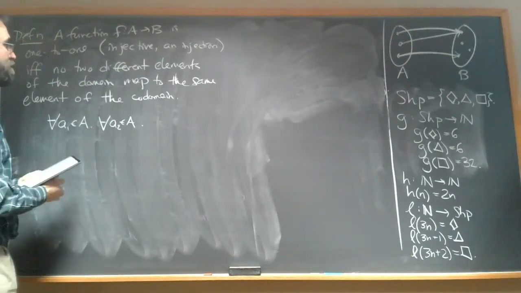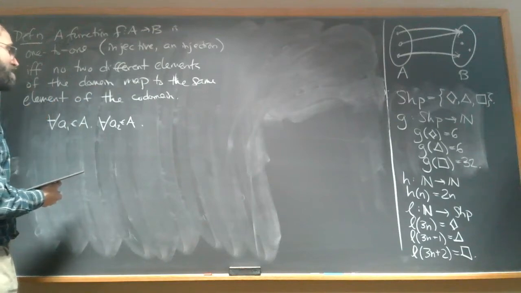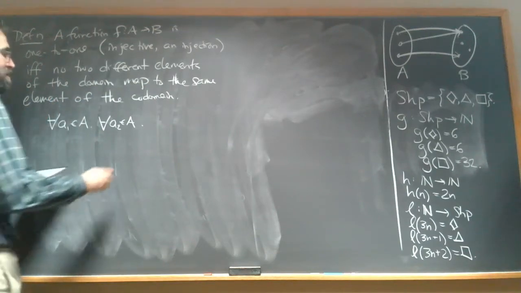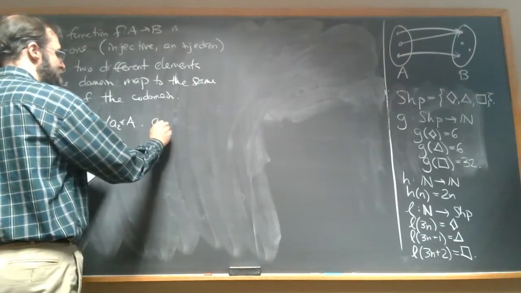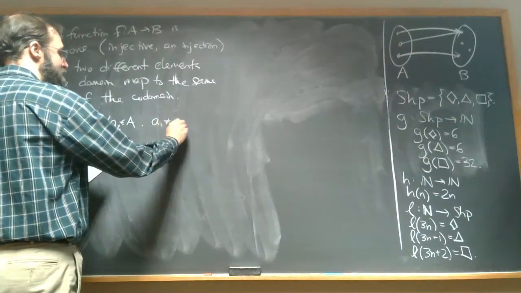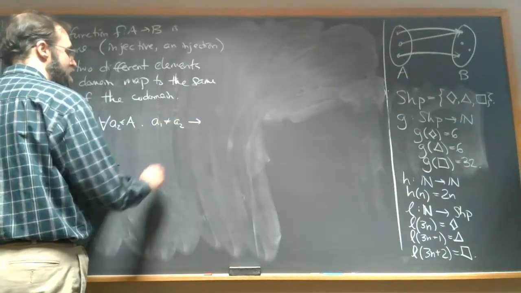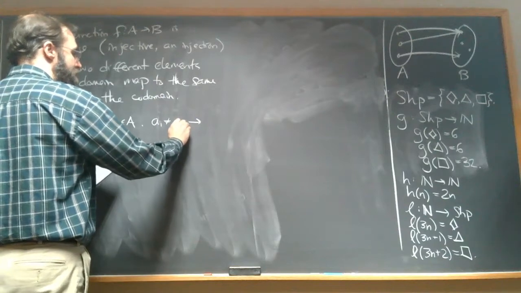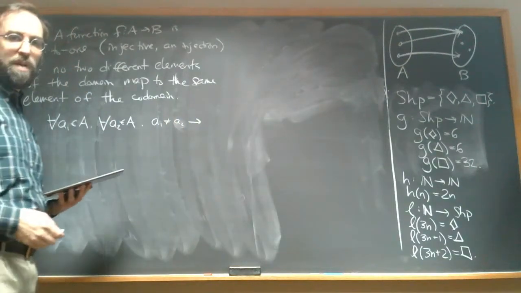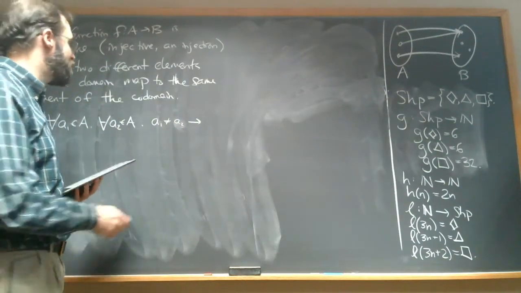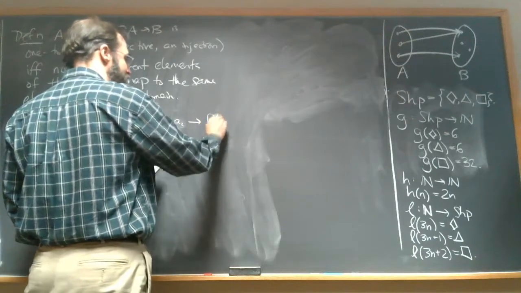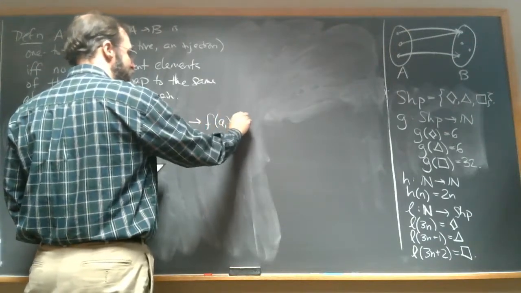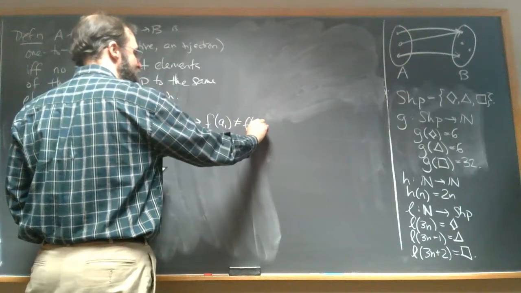This says no two different elements map to the same element of the codomain. So we could say that as: if these two elements are different, then they had better not map to the same element of the codomain. That is, f of a1 should not be equal to f of a2.